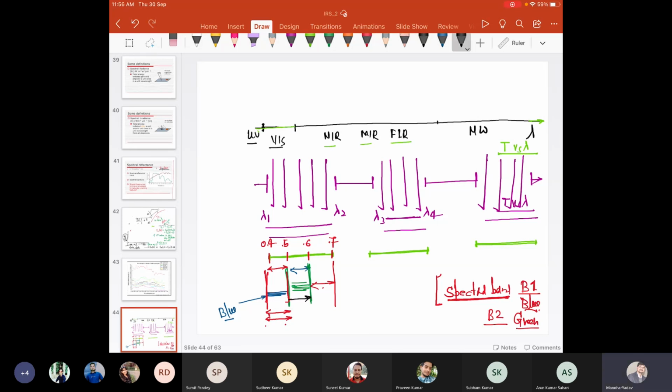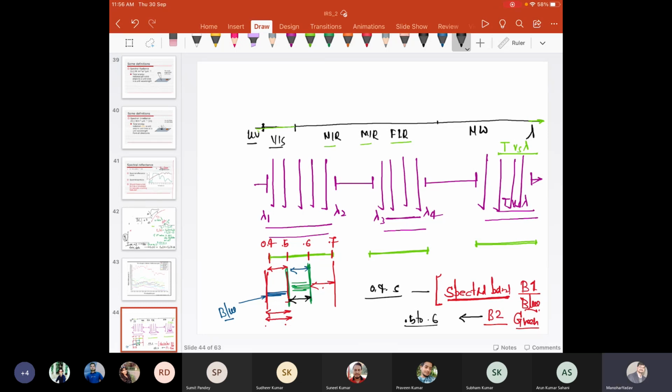It is over here. Now the green band is in a separate wavelength range, in a separate location on the axis, and this range is different. For B2, the range is 0.5 to 0.6. For B1, the range is 0.4 to 0.5. It means in one particular band, we have only a single spectral band.